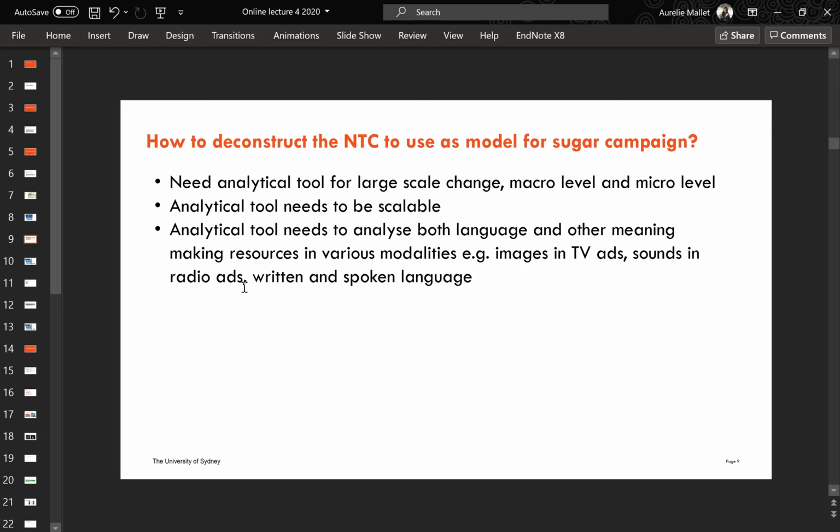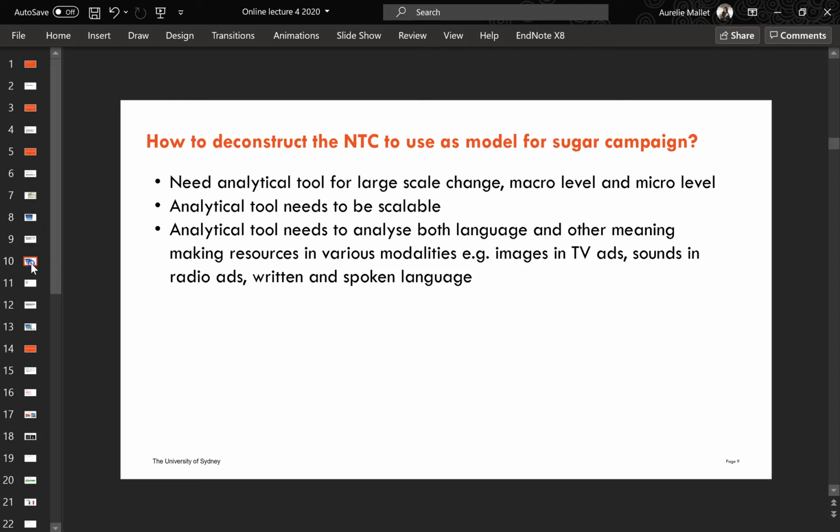I needed the analytical tools to analyze both language and other meaning-making resources in various modalities. So not just looking at written and spoken language, but how do I look at the images, both static images and posters and moving images and TV ads? How do I analyze the sounds? So again, spoken language is part of sounds, but you can also have background music as well. So how do I analyze all that?